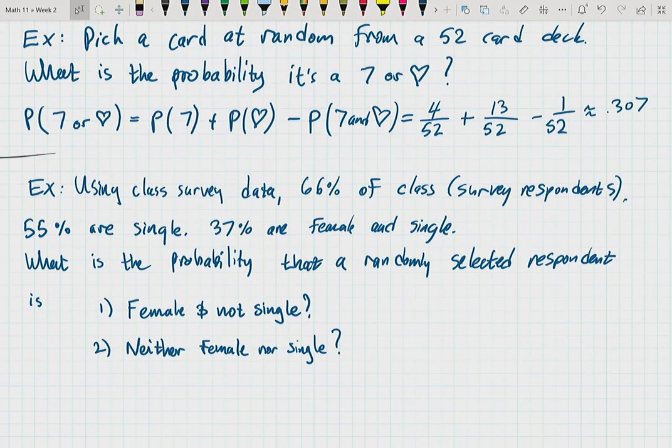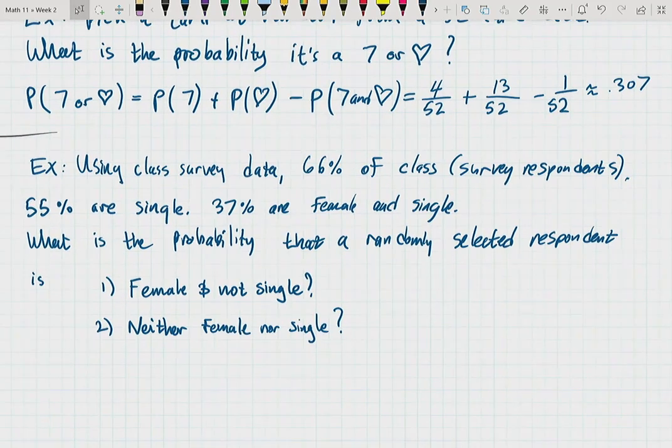Now, it might be easier just to write out a Venn diagram for this, but first let me try doing it using the equations. So for the first one, if you're a female, then you are either single or you're not single. Those are disjoint sets, the single females and the not single females.